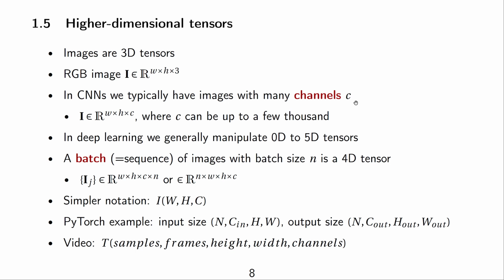So it will not be uncommon to have tensors that have width and height that's maybe a bit smaller, but the number of channels could be 512 or 1024.